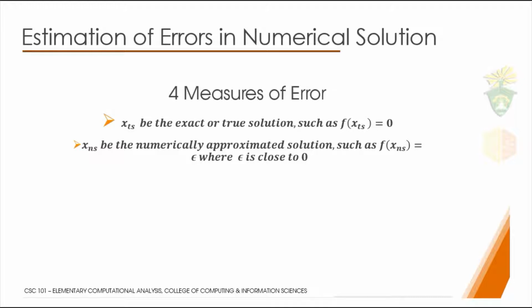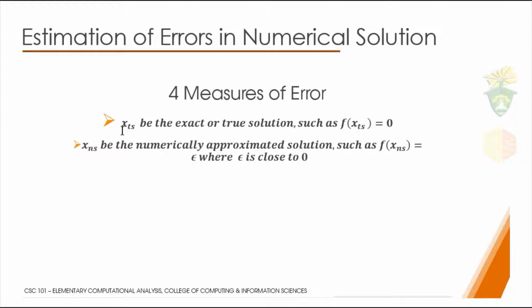Okay, to completely understand how these four measures work, here are the variables that we will be using. The x sub ts will represent the exact solution, such that f of x sub ts is equal to 0.